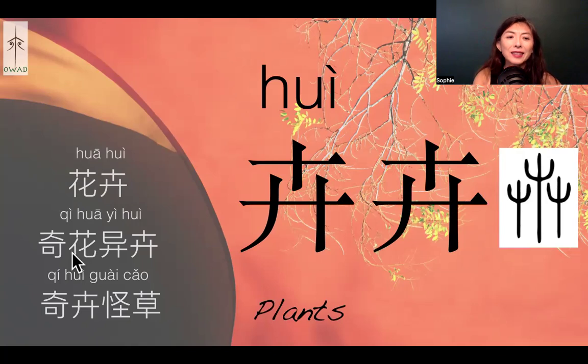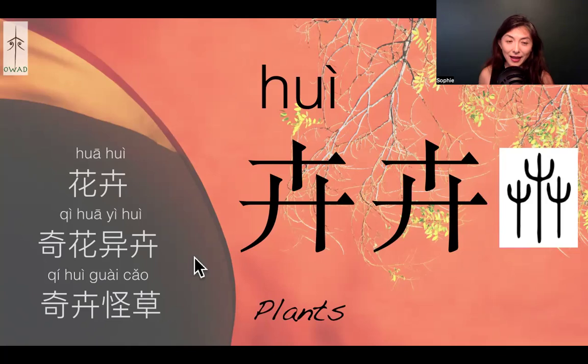Okay. 奇花异卉, we see 卉 and 花 again in this expression, but Chinese add adjectives to describe what type of flower and plant here. 奇 means odd, it's not usual, it's kind of an outlier, it's not commonly seen.